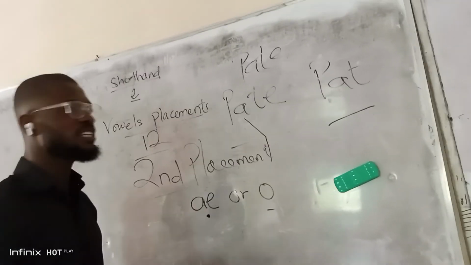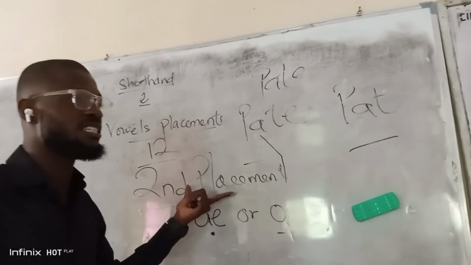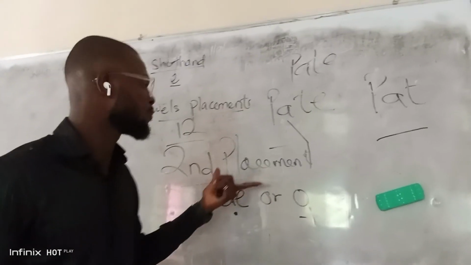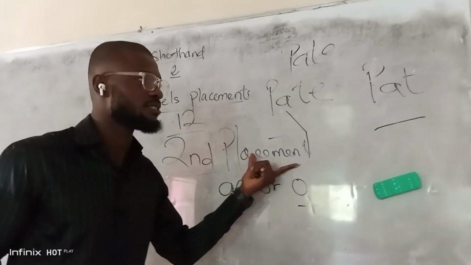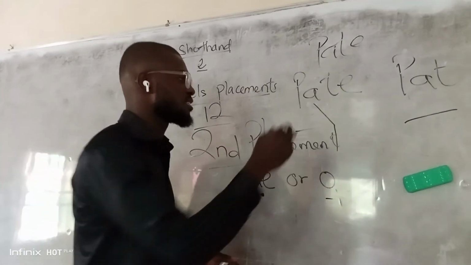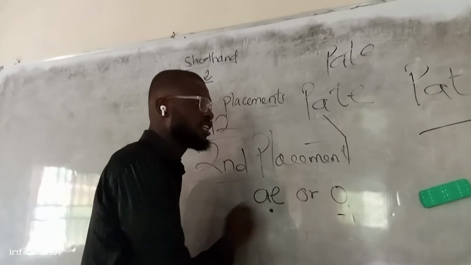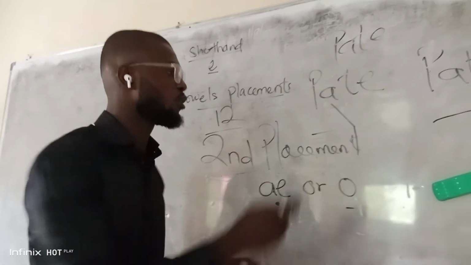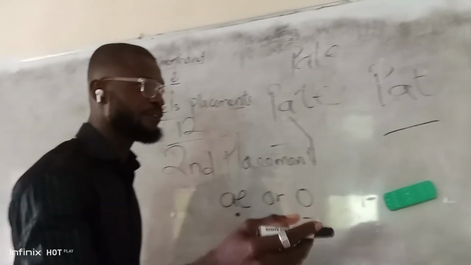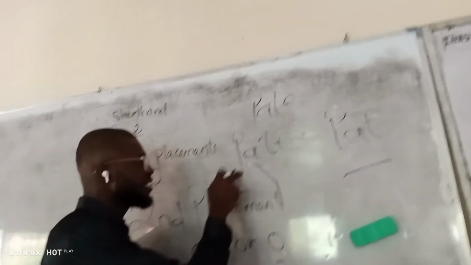Now, according to the name that is implied on this section we are into, second placement, definitely it should tell you that we are at the second. This vowel we are dealing with right now will be at the second, before or after the stroke. Let's go now. I hear P8.